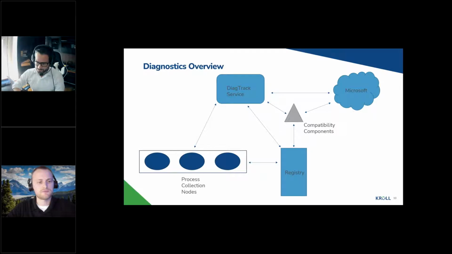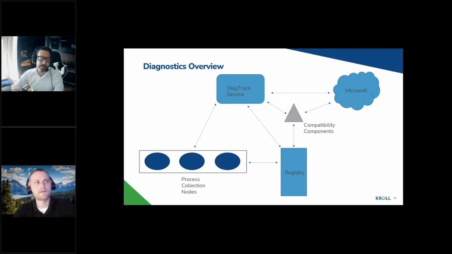Now, I apologize for the simplicity of the graphic, but this is our understanding right now about how things work, right? So you have the DiagTrack service. Now that connects to Microsoft through various REST API endpoints and pulls down data collection packages.